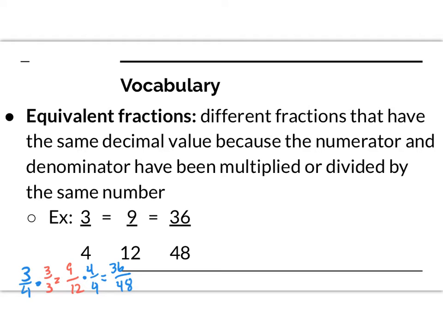And as we can see, these fractions are the same. If we divide 3 divided by 4, 9 divided by 12, and 36 divided by 48, we will come up with the same decimal number.